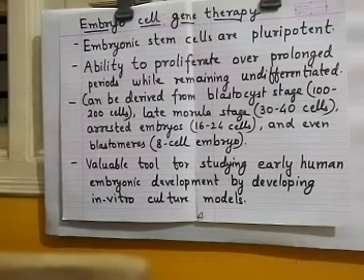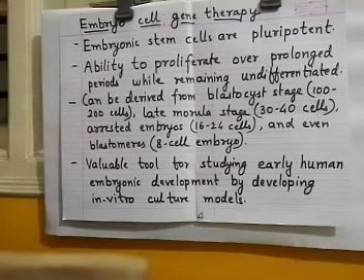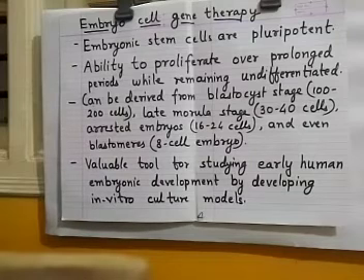These cells are derived from the blastocyst stage, where it is 100 to 200 cell stage. It can also be derived from the late morula stage, that is 30 to 40 cells, and from arrested embryos which are 16 to 24 cells.